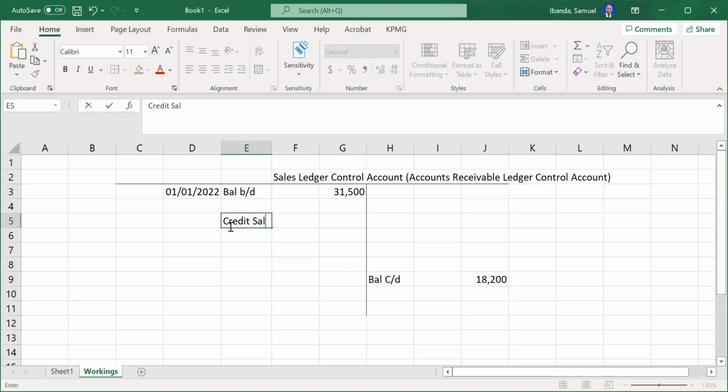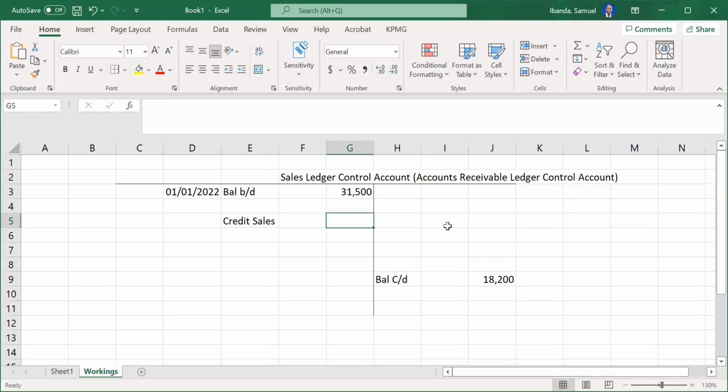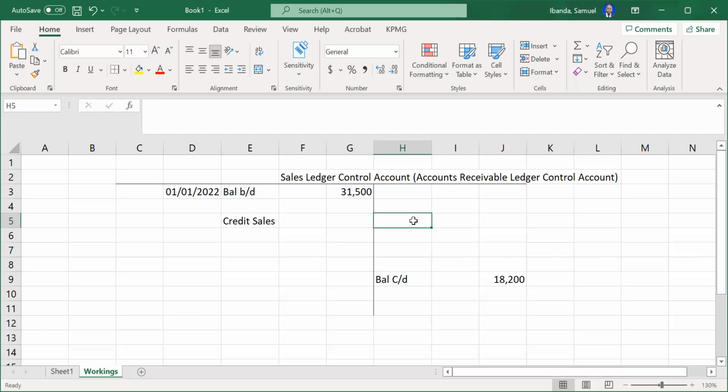So credit sales could increase this value. And what could reduce this? Any payments and the discounts. True. So any payments would reduce this value. Are we together?